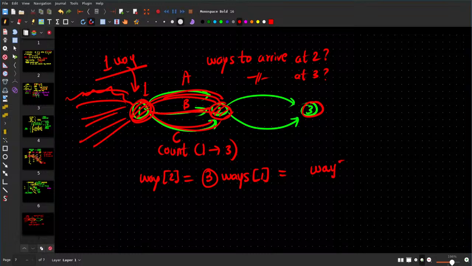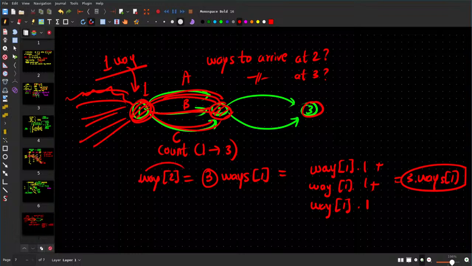In that case, we have chosen one way, hence it is the number of ways to arrive at a multiplied by one way, and the same for hb and hc. This is 3 times that value.